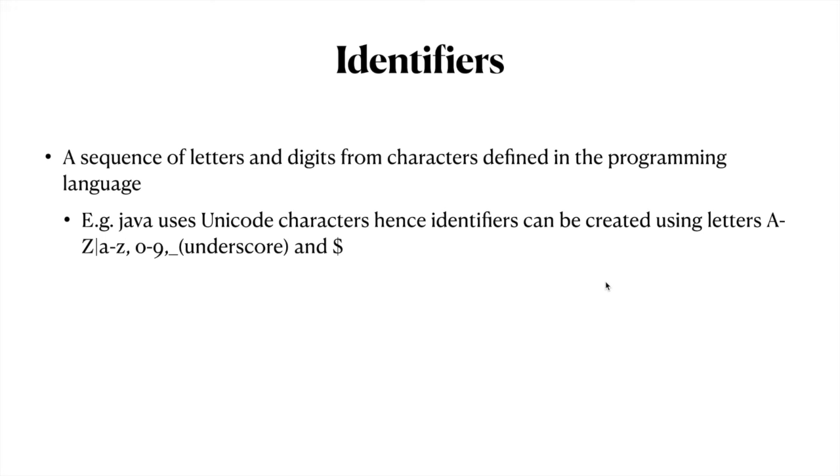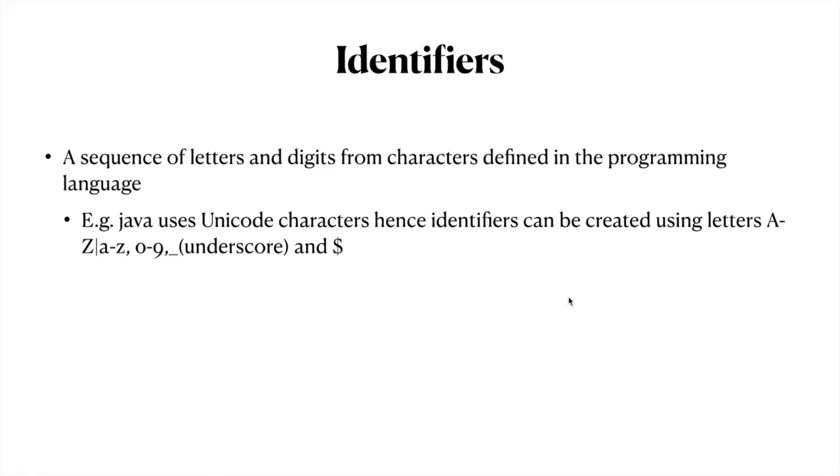So we use a sequence of letters and digits from characters, and we combine them to create an identifier, and it includes letters from A to Z, capital or small, and numbers from 0 to 9, an underscore, and a dollar sign.